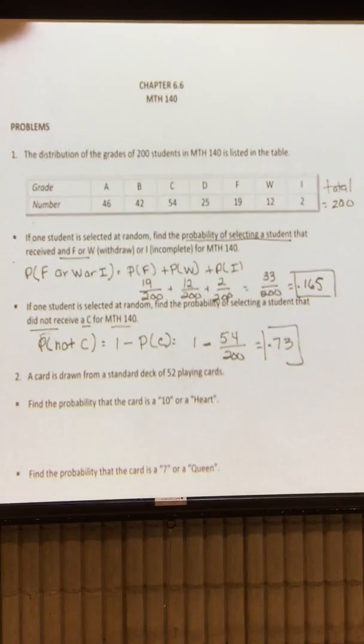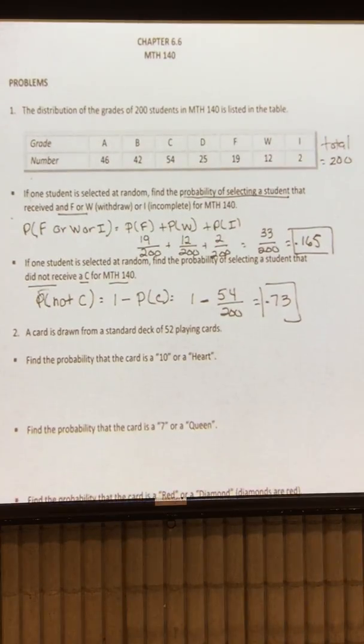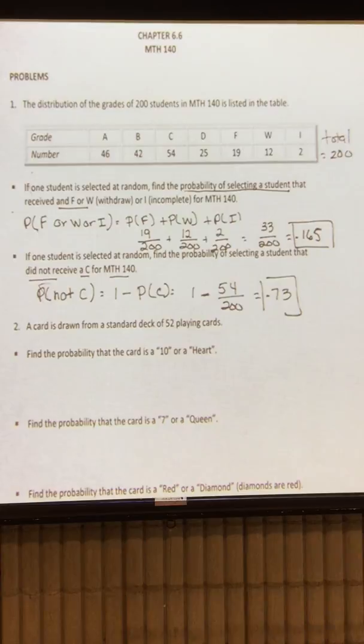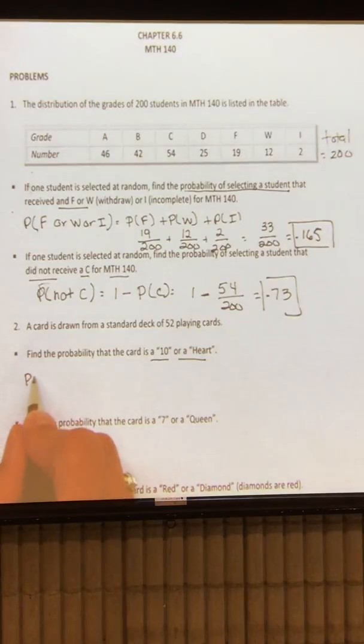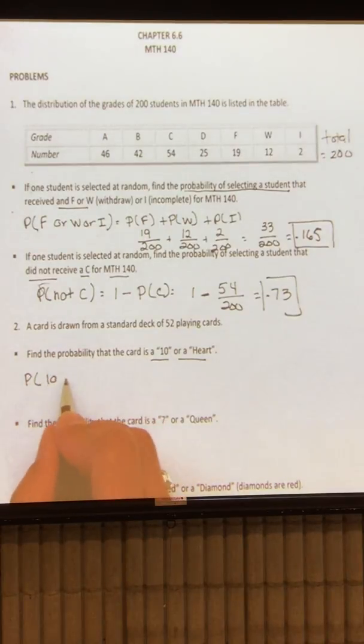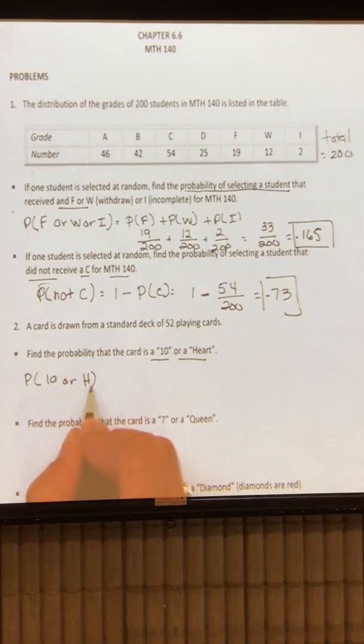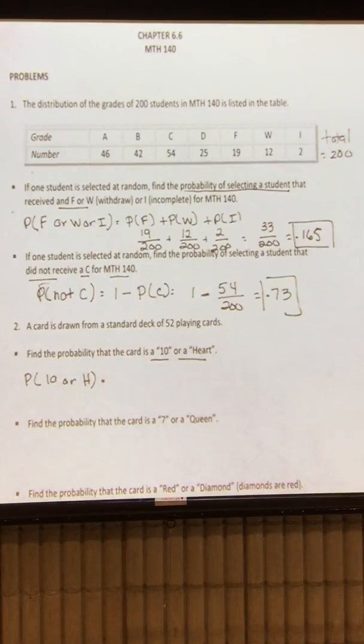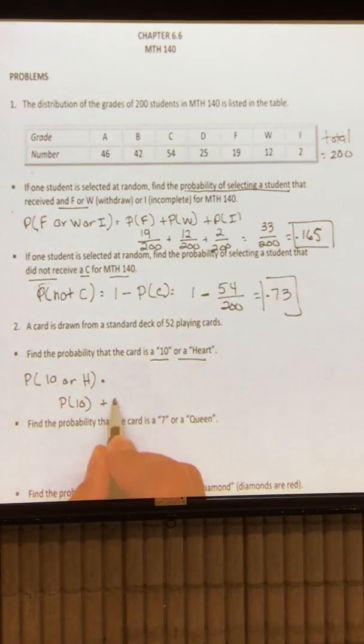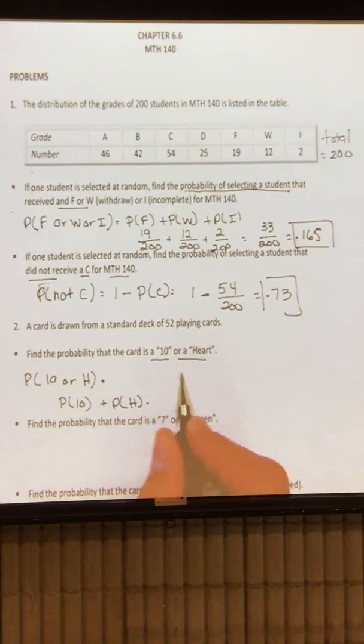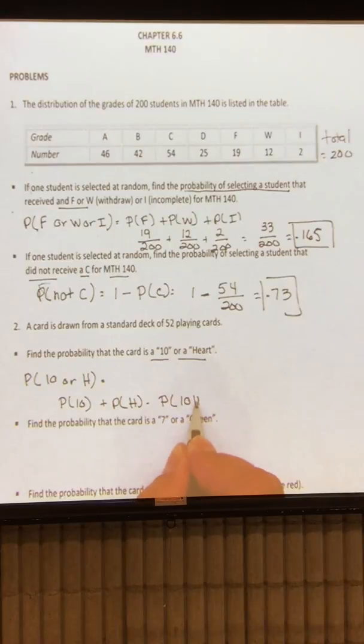Number 2, a card is drawn from a standard deck of 52 playing cards. Find the probability that the card is a 10 or a heart. Let's look at the formula: the probability of 10 plus the probability of heart minus the probability of both 10 and heart.